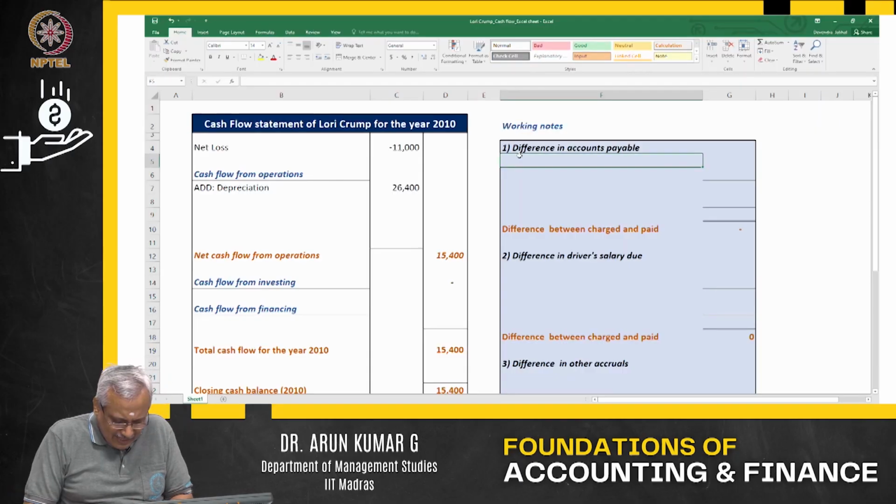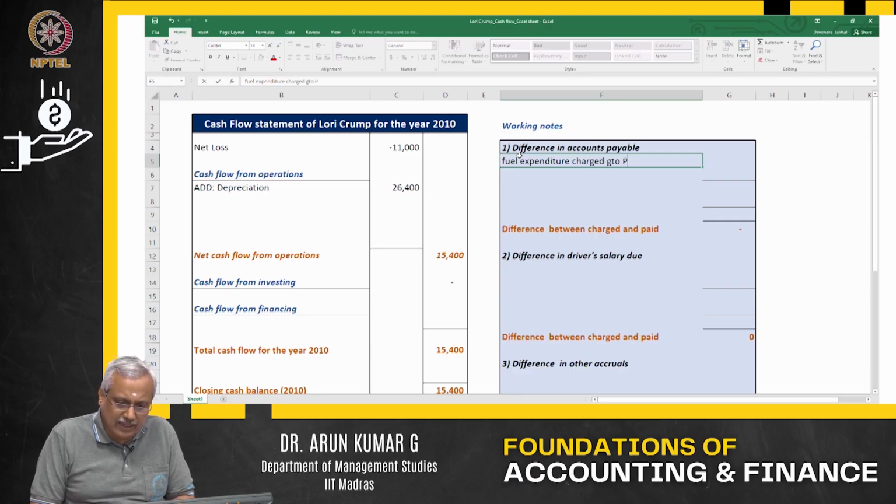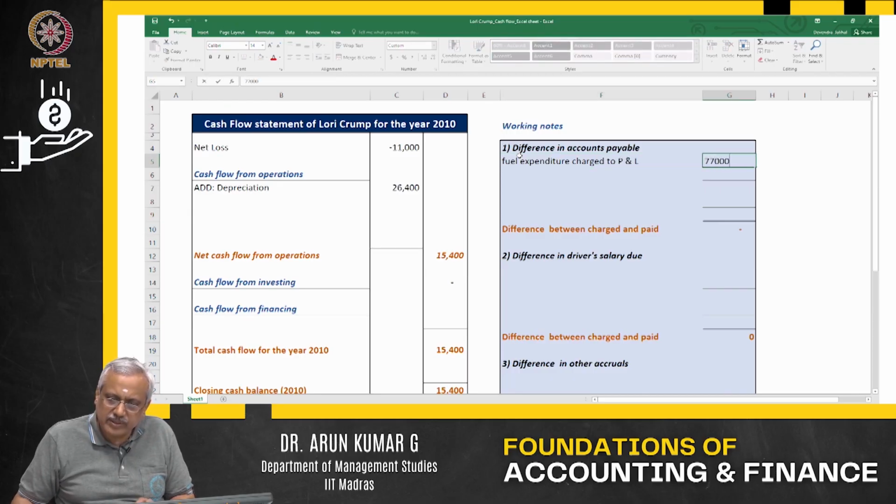Let us see, the current year's fuel expenditure charged to P&L is 77,000.